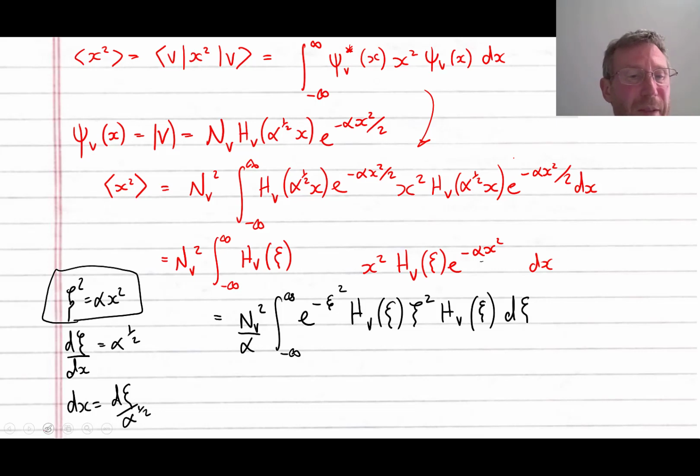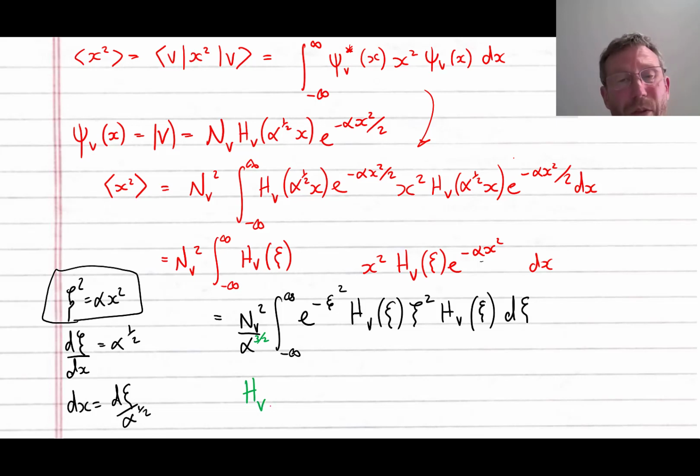So what can we do there? We've got to bring that alpha to the half outside of the integral, so that'll end up being, of course, alpha to the 3 over 2 in here. So I was able to actually erase a few points, but it's still pretty complicated. So what's my point? It turns out that there is a very important relation of Hermite polynomials, and that relation is as shown. I'm going to put it on this slide in here, and you can take this to the bank.